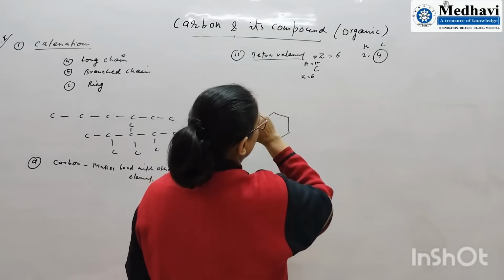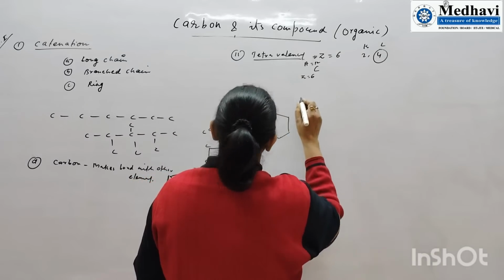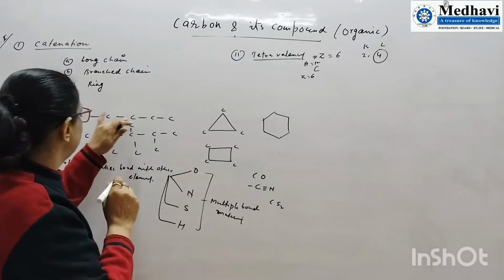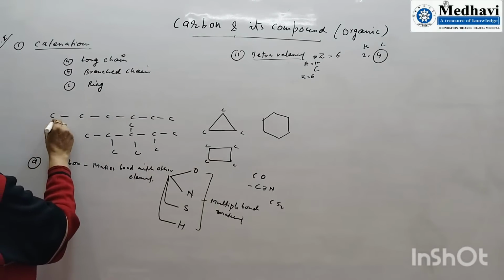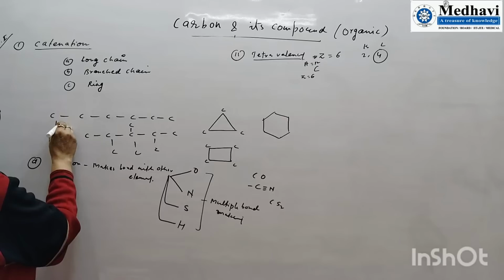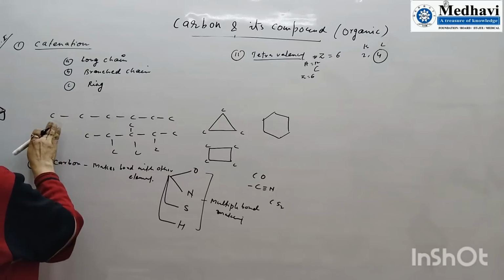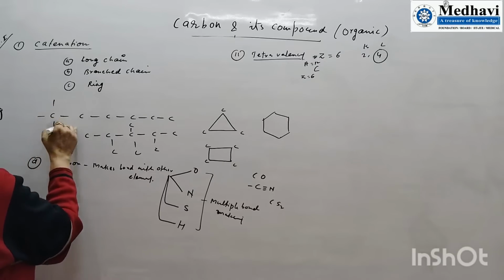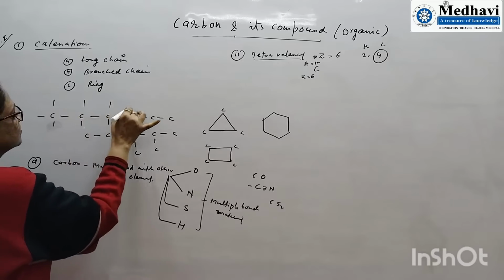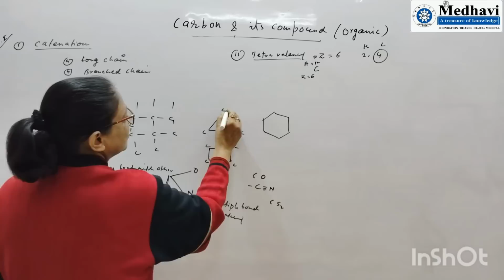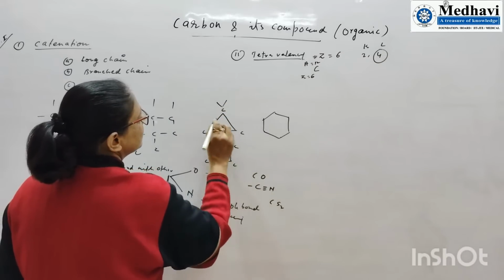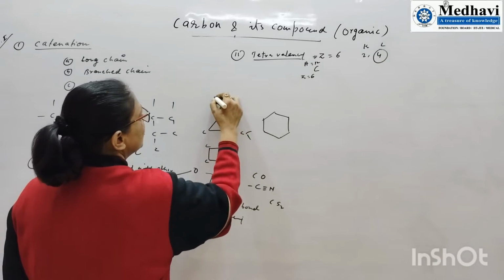Carbon can make 4 bonds, and suppose we have to fill in hydrogen here. This carbon has a single bond, so we can fill in 3 hydrogens like this, or like this also. Here 2 bonds, 2 hydrogens. Here 2 hydrogens.